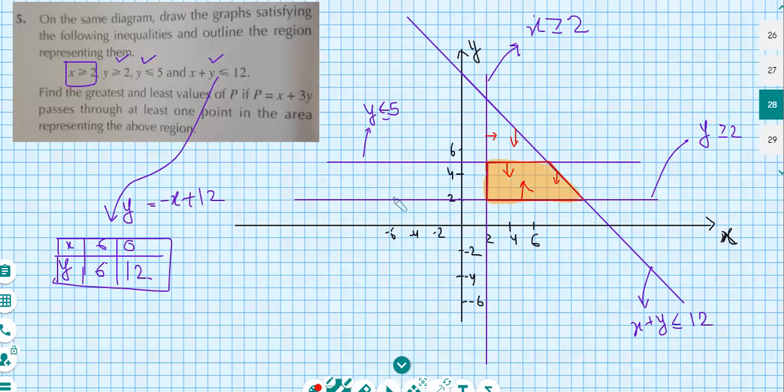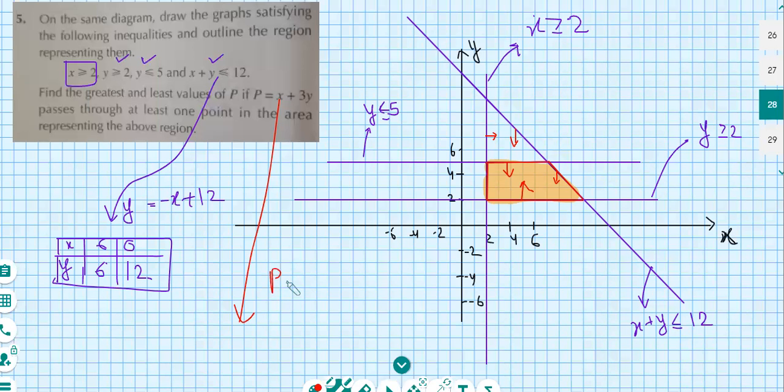Okay, so what is the greatest and least value of p if p is equal to x plus 3y? This p is actually a constant value. So x plus 3y gives you a greatest value or least value.